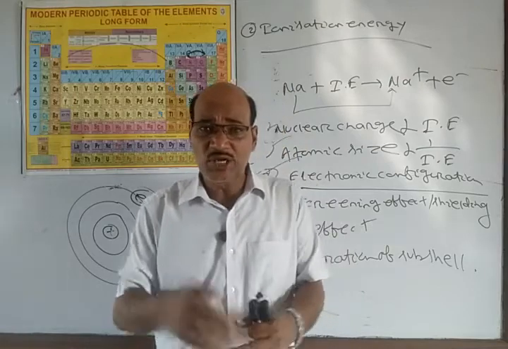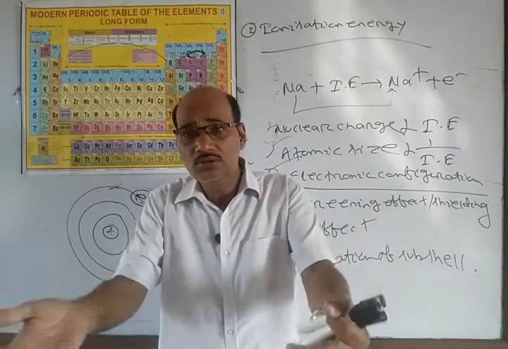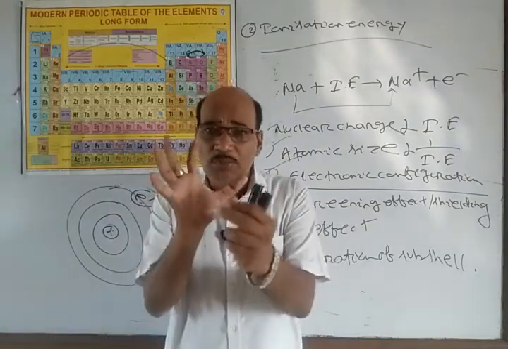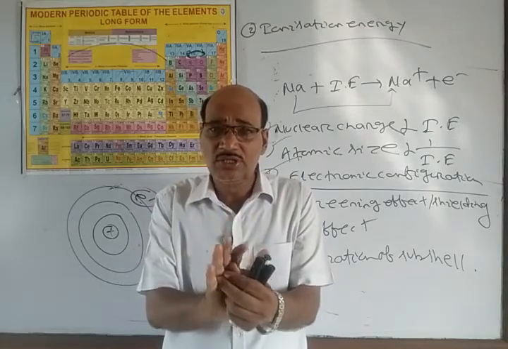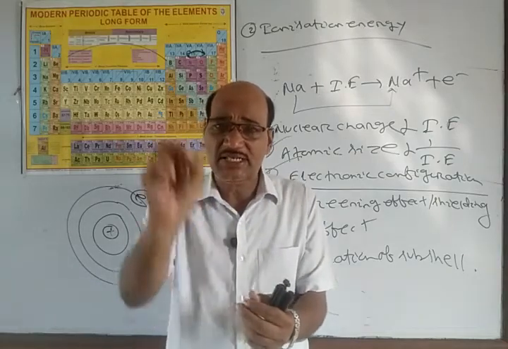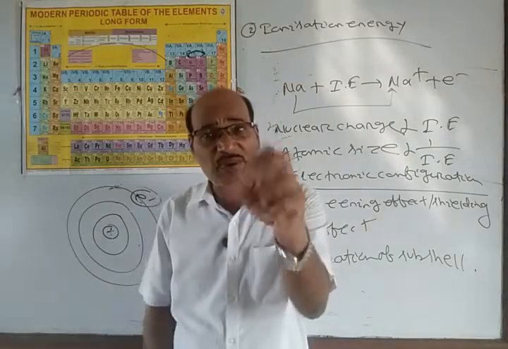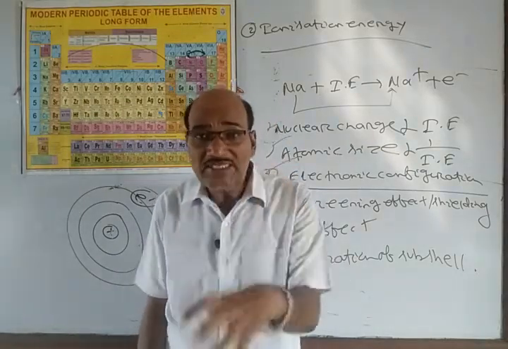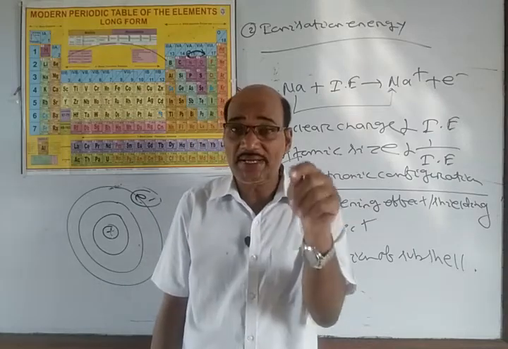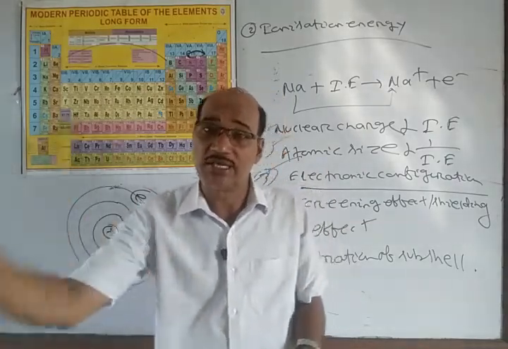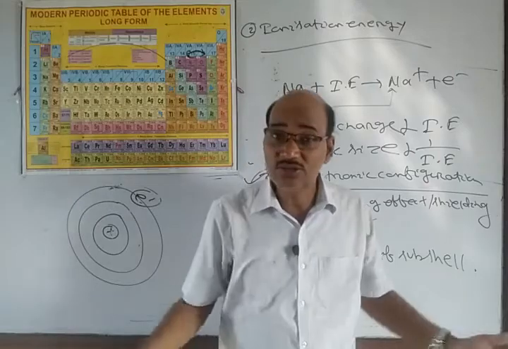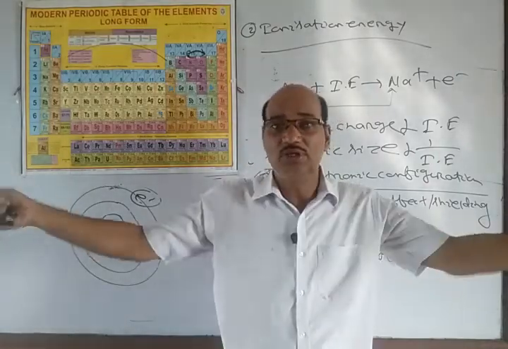That means the number of shells becomes more and more. Accordingly, the force of attraction of the nucleus is going on decreasing. Okay, so the more the screening effect, the less will be the force of attraction of the nucleus on the valence shell. And so one can easily remove the electron.